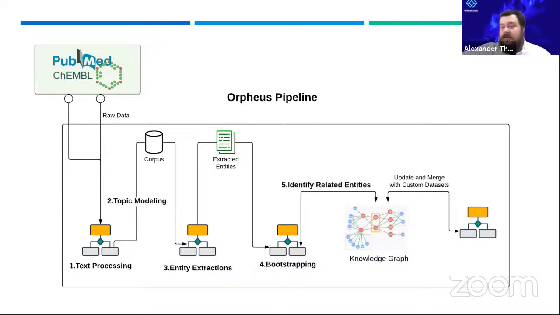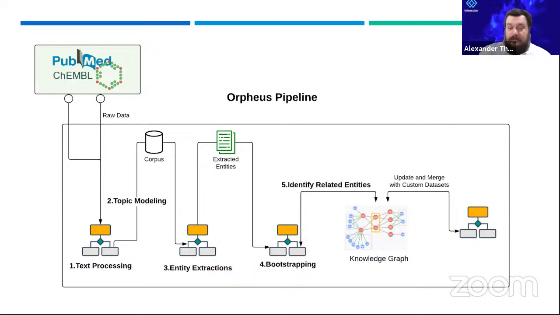It won't be a top-of-the-line model, but it will at least be a start. So now, through a mix of models and dictionary-based approaches, you have your entities. Based off the literature and the structured data, you can construct your graph. And then from there, we can actually learn from the graph. We can try to find new edges and expand the graph itself to learn from the data we have.